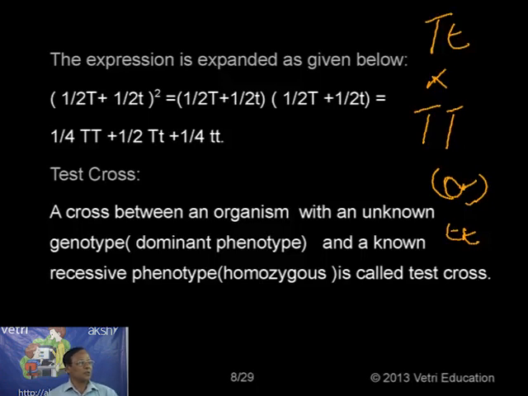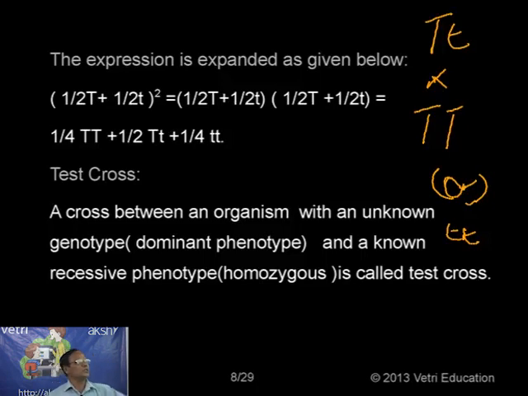Now out of these two crosses, the recessive backcross is of importance in the basis of genetics, because we can use it for analyzing the genotype of the parents. Normally the cross between a heterozygous parent and a homozygous recessive is called a test cross.